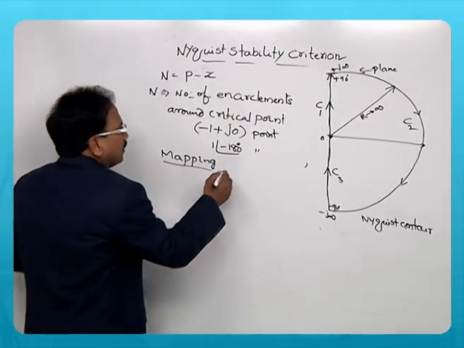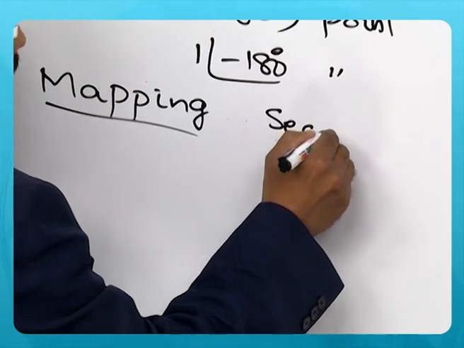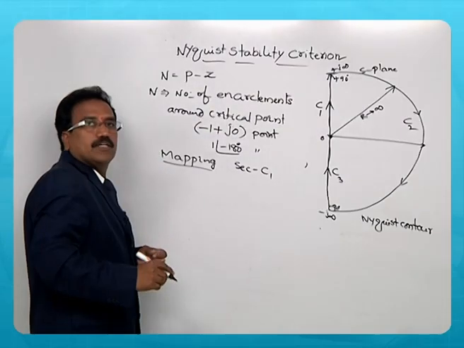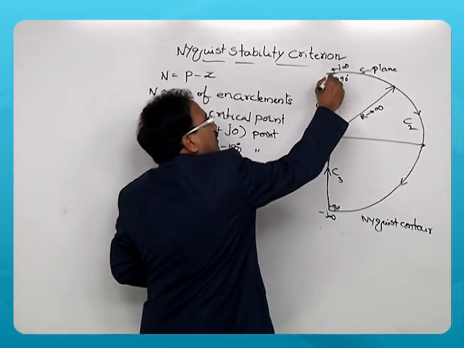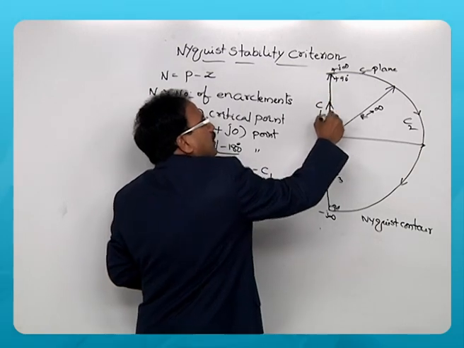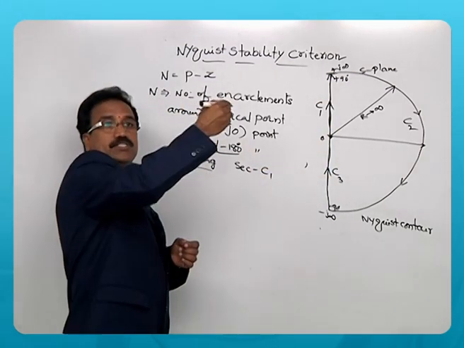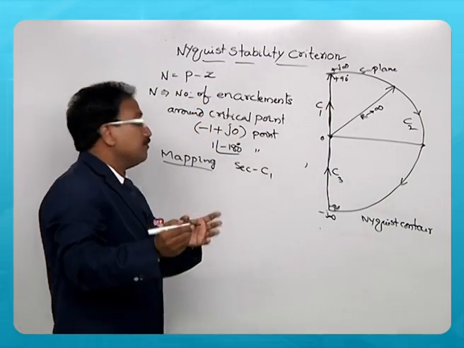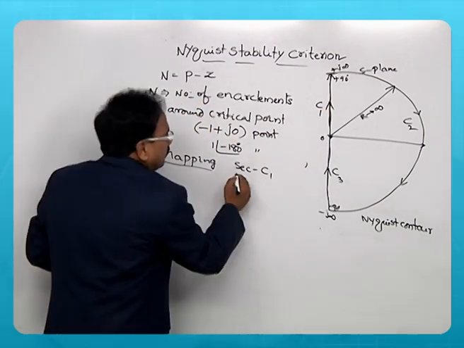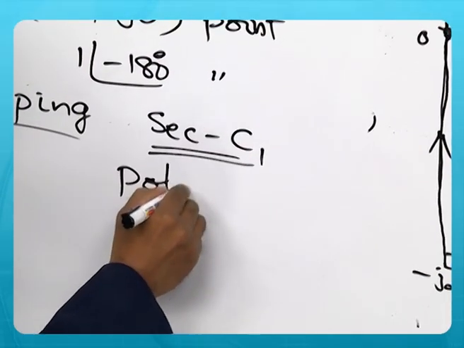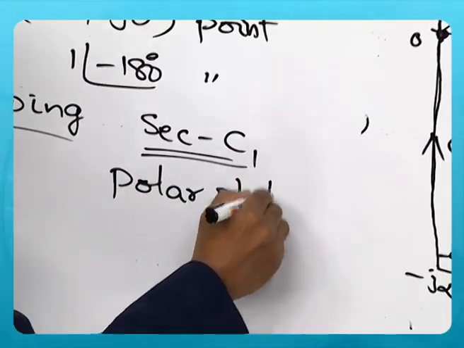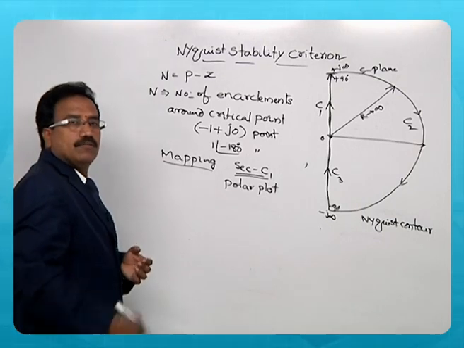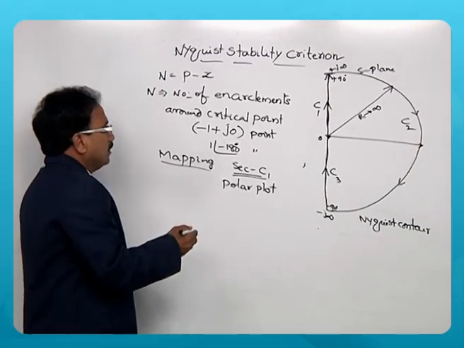You need to map the section C1. That means this entire line, every point on this 0 to plus j infinity, should be mapped into the G of S into H of S plane, which is nothing but the polar plot. We draw the polar plot.